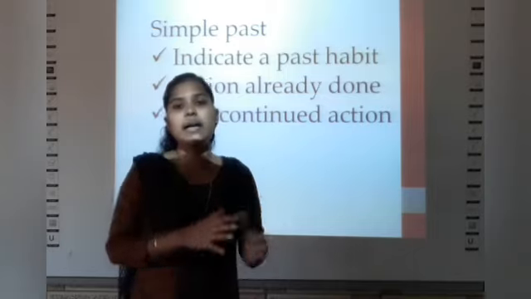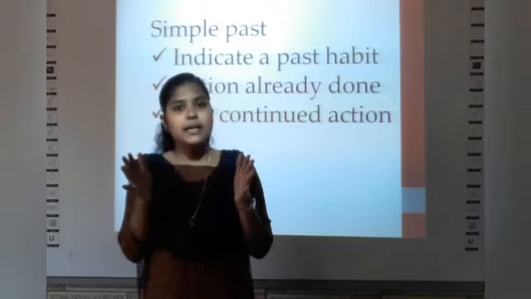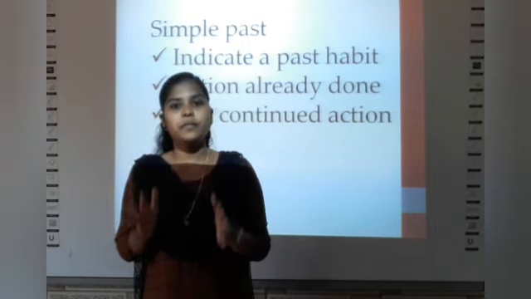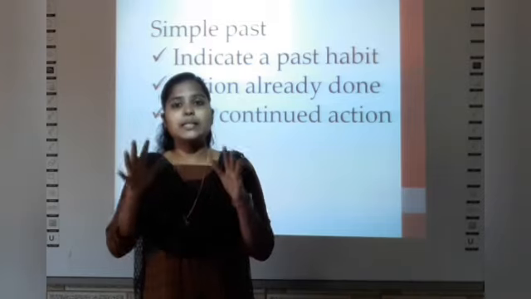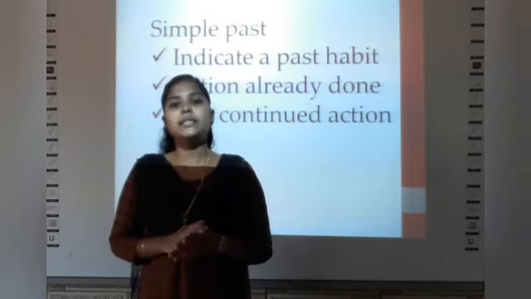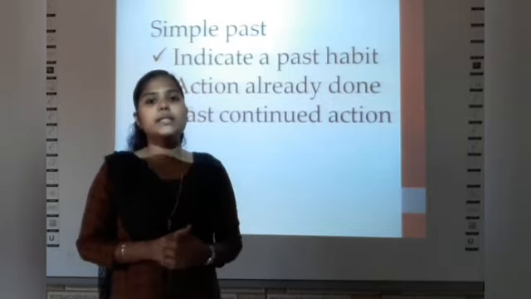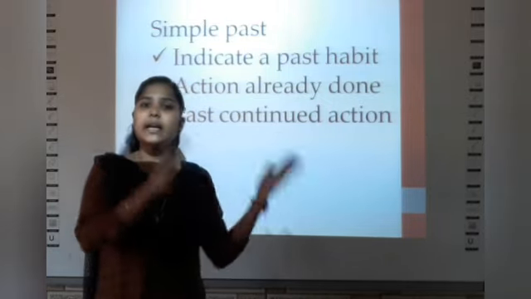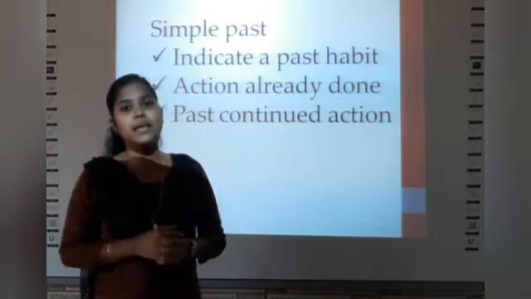Action already done. For example, I walk. This is the present form of the verb, isn't it? Walk. It is indicating the present time. But if I say I walked, it indicates I already walked, maybe in the morning or maybe yesterday.